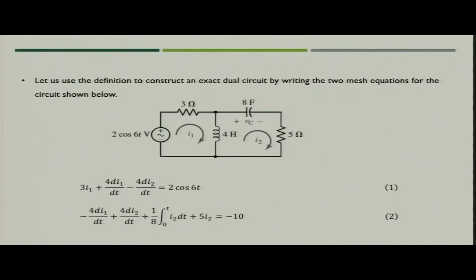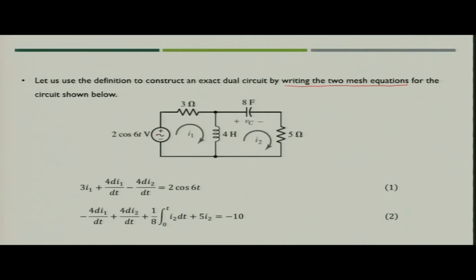Now, let us understand this concept with one case study. Let us see one circuit which is shown in the figure. First we can write two mesh equations. Recollect what we discussed in mesh analysis, although we did it mainly for DC circuits, the same is applicable for circuits where the source is not DC.